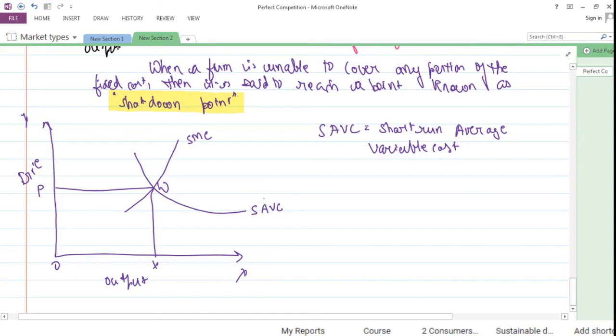I am not able to cover my overall average variable cost. Okay, that is total variable cost मैं नहीं cover कर पा रही हूँ. I am not able to meet up in order to cover my short run average fixed cost.